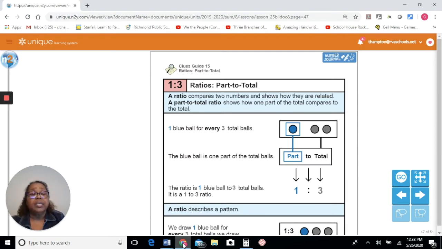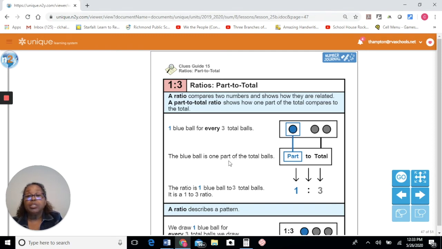So let's read and get a good description. A ratio compares two numbers and shows how they are related. A part to total ratio shows how one part of the total compares to the total. For instance, 1 blue ball for every 3 total balls. So 1 of the 3 is blue.